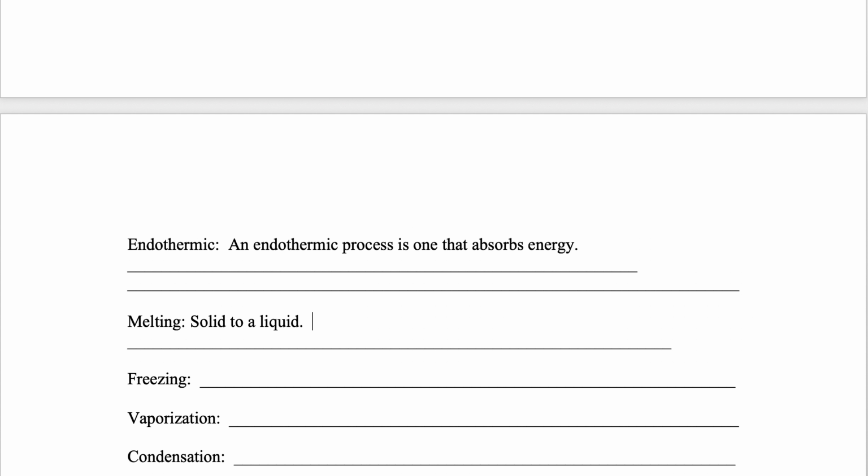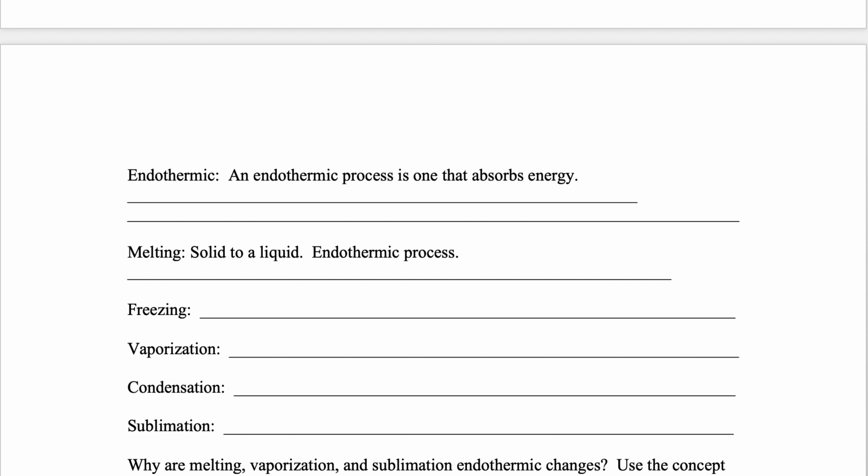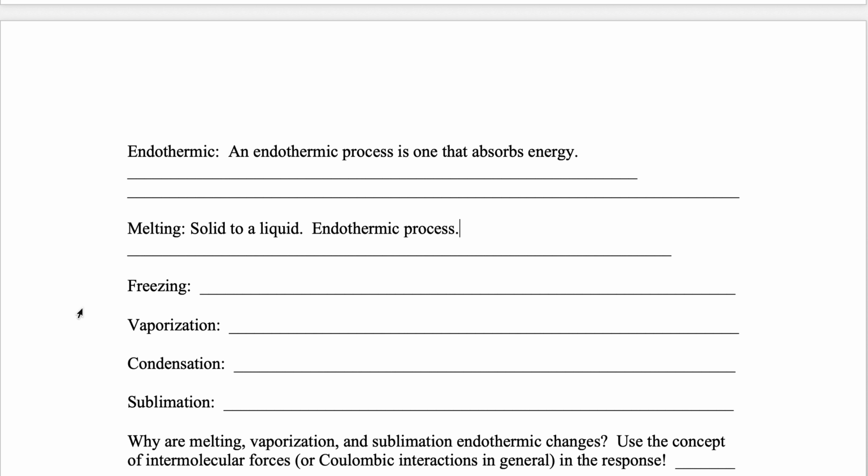In the process of melting, intermolecular forces are broken, so melting is necessarily an endothermic process, because energy is required to break IMFs. Energy is required to break bonds. Therefore, melting is an endothermic process.